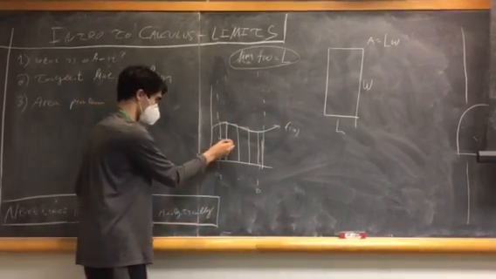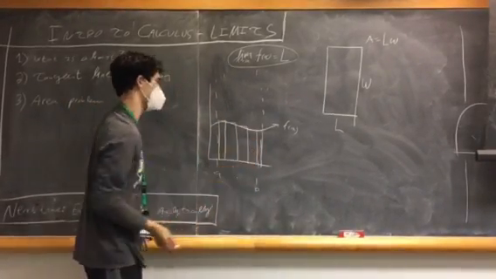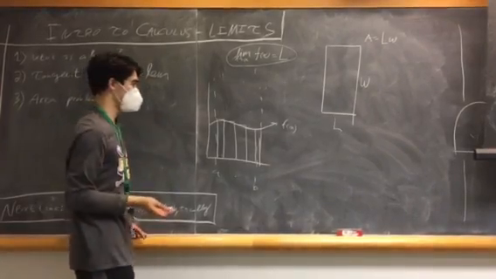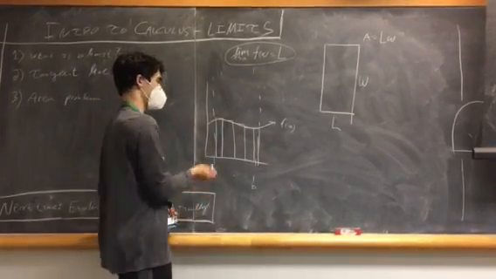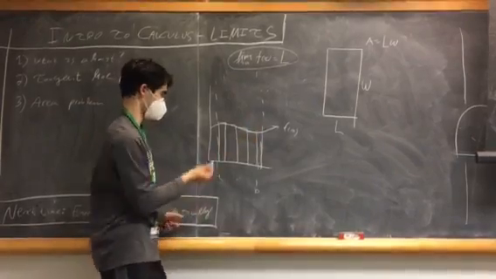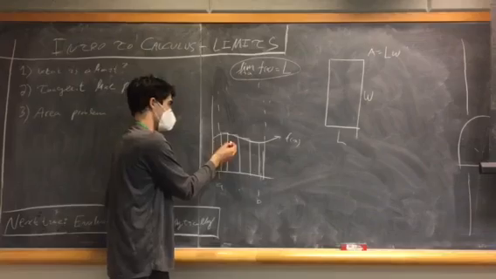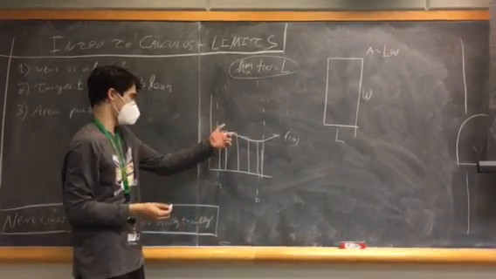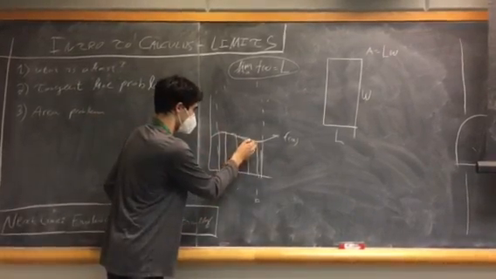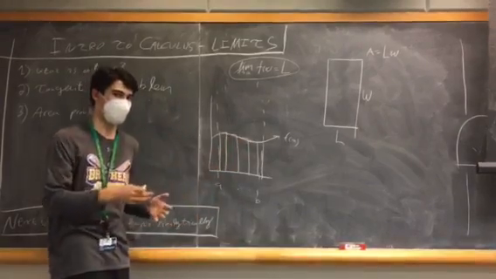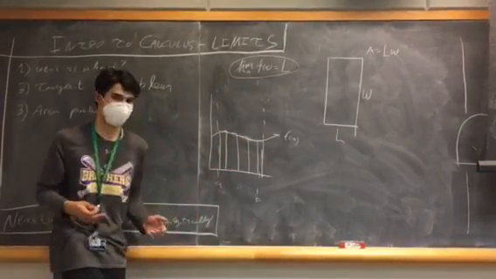We can take the area of these 5 rectangles and sum them up to get an approximation for the area under the curve. But you can see, right here and right here, there are spots that stick up above. Right here, there's a little spot that sticks down below.